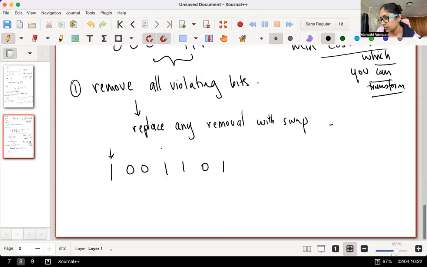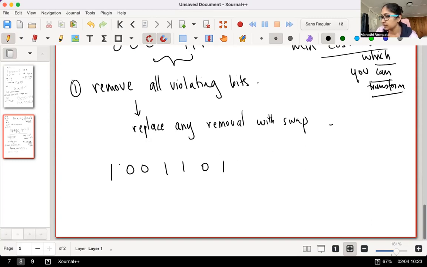Actually, how do I know? When I see a 1, how do I know if it's a violating bit or not? It's not clear. Even that is not immediately clear.